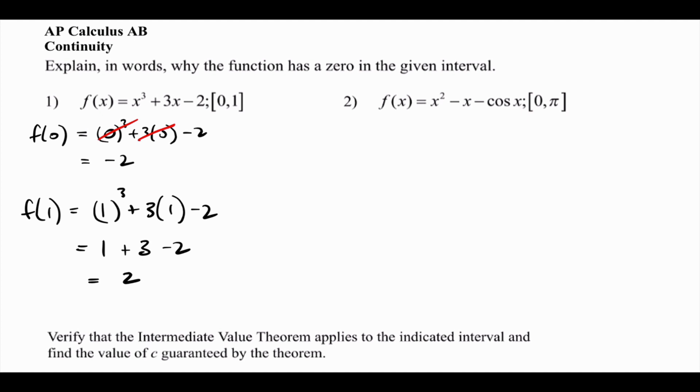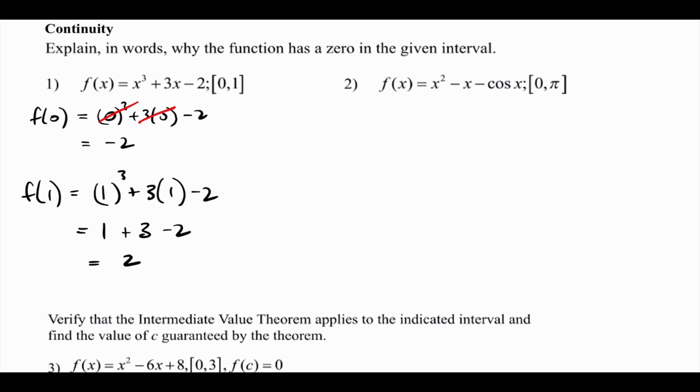I don't care. All it's asking is, does it have at least one time crossing? Yeah, it does. There's no way for me to get from below the x-axis to above the x-axis without having crossed it, right? So explain in words why the function has a 0. By intermediate value theorem, IVT.